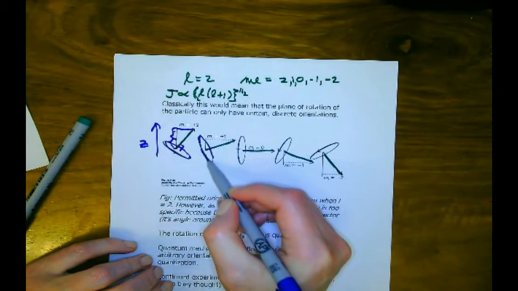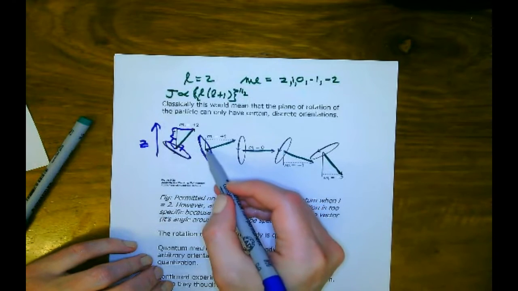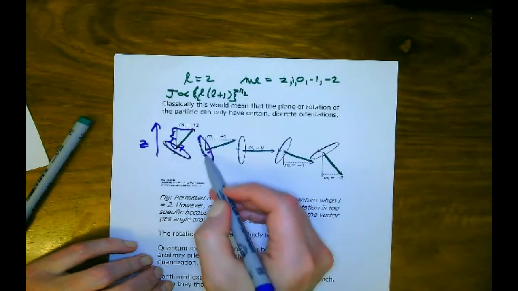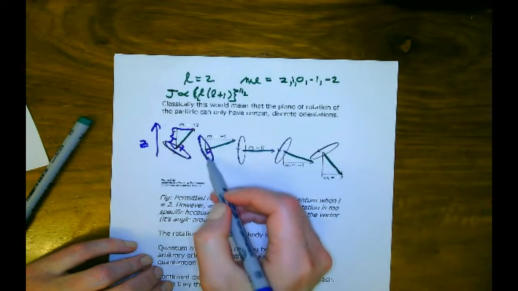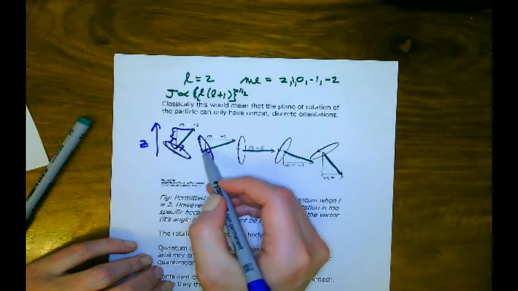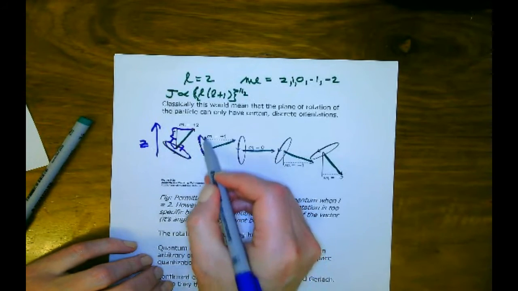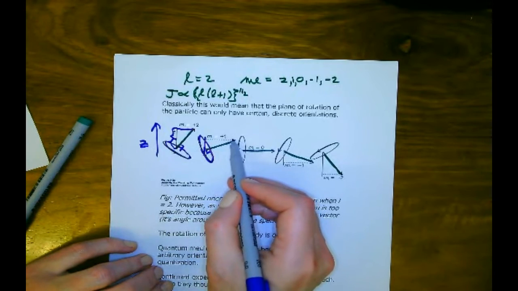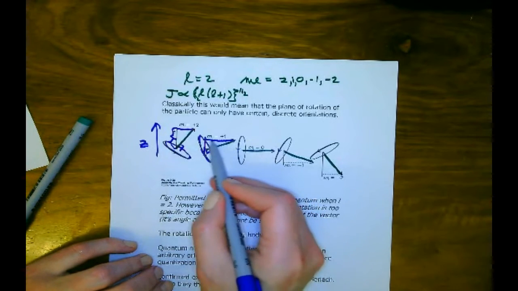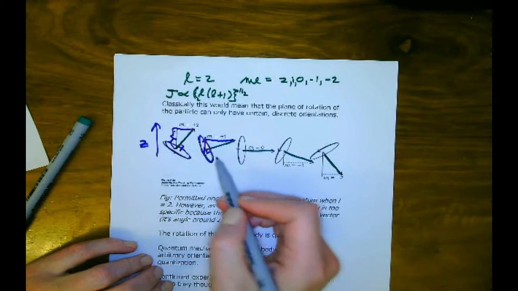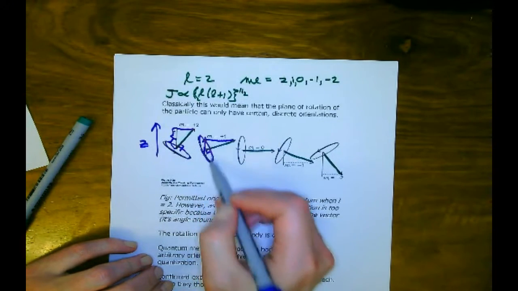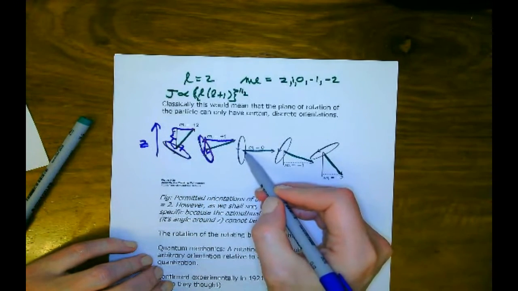If we change the orientation of the plane, again J is perpendicular to the plane of the circle. The z-axis is again in that direction. So to make ml equal to 1, ml is the projection of J on the z-axis, that can only be achieved by having this plane orientation.